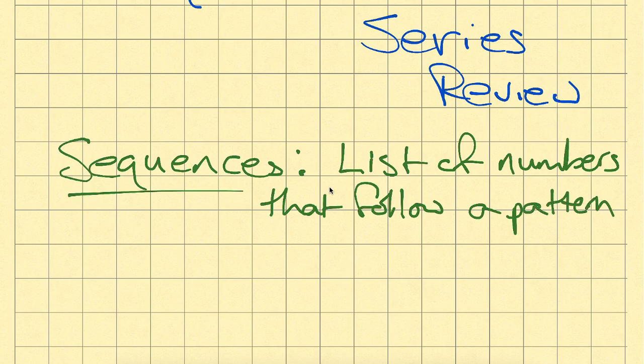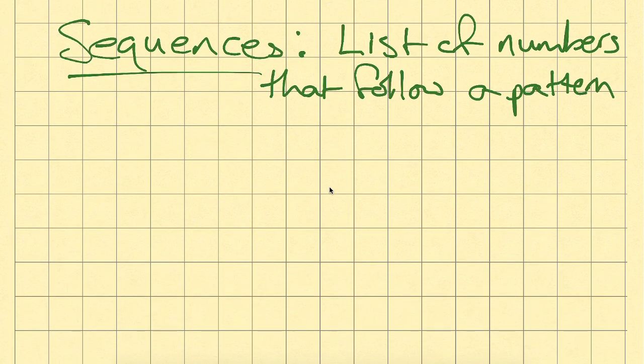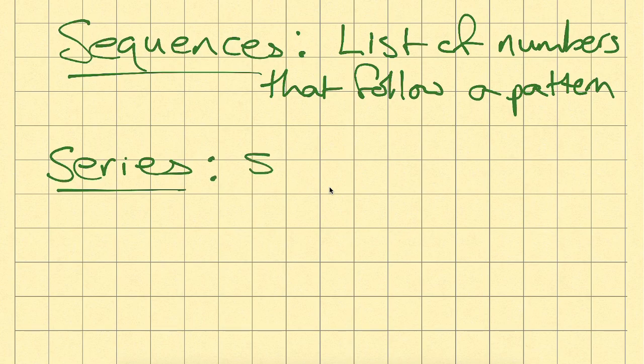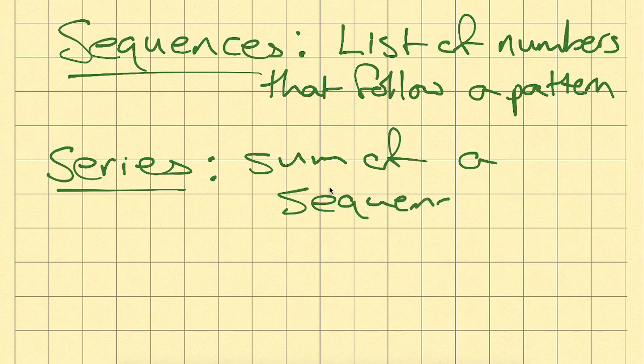So the idea behind a sequence is it's just a list of numbers. Then we also have a thing called a series, which is the sum of a sequence. So a series is when you add them all up.